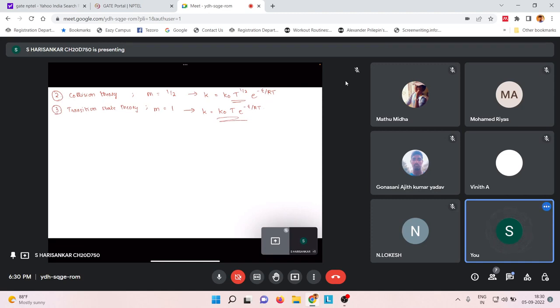Okay, fine. So yeah, these are some of the basics for our basic rate equation. Now let us see how we can derive rate equations for different orders of reaction. Okay, so the first case is zero order reaction.